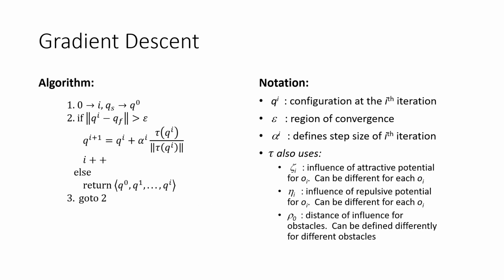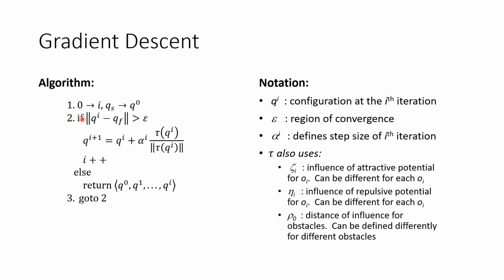This gradient descent algorithm goes something like this: you have to initialize it initially. At that initialization stage, your starting configuration, QS, is labeled as Q0. Later, in an incremental fashion, you keep on executing this process.